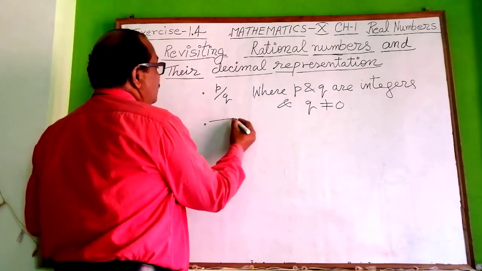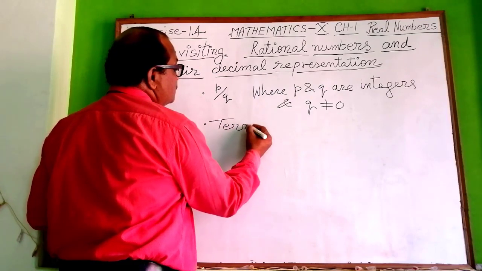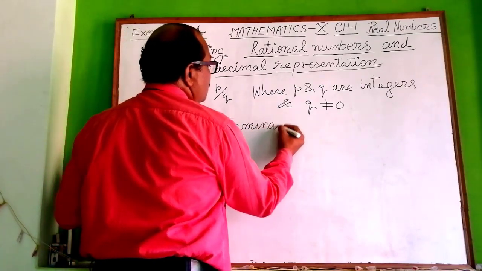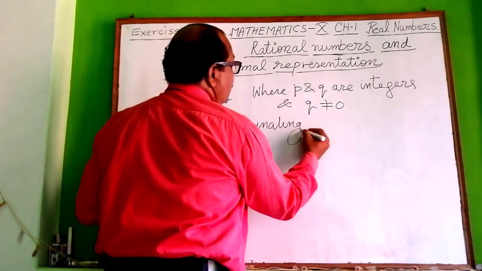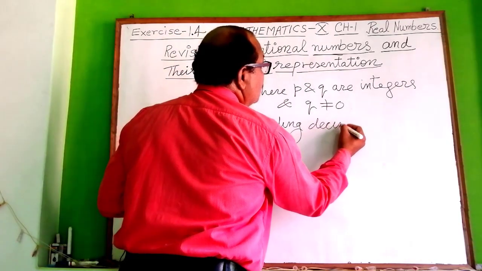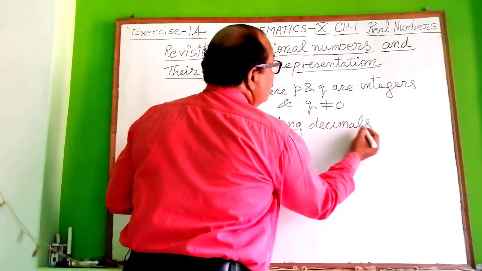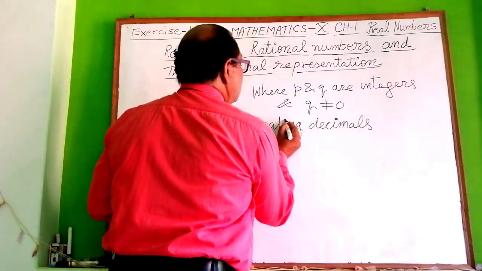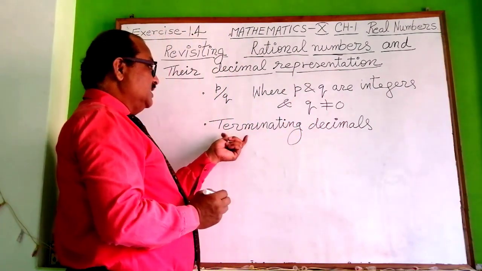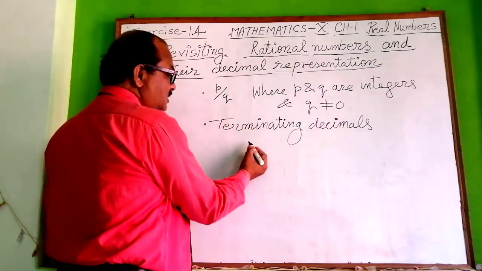Second one is all the terminating decimals. You can see terminating decimals.